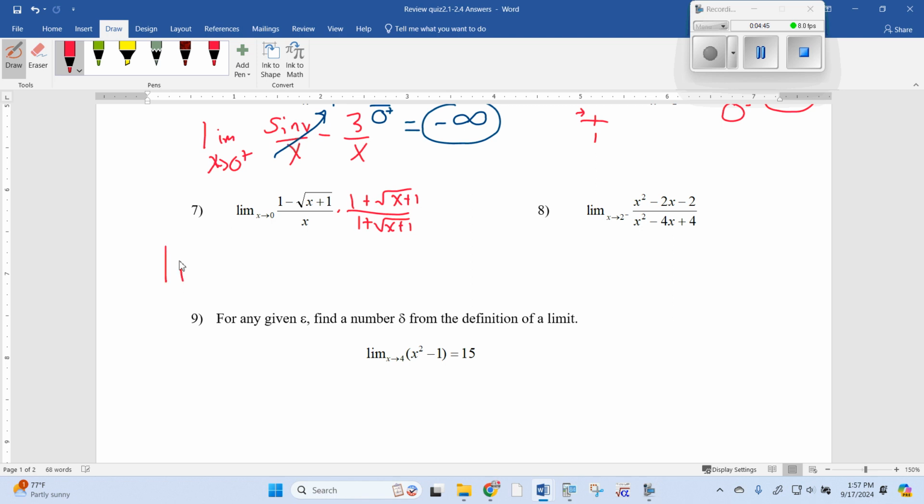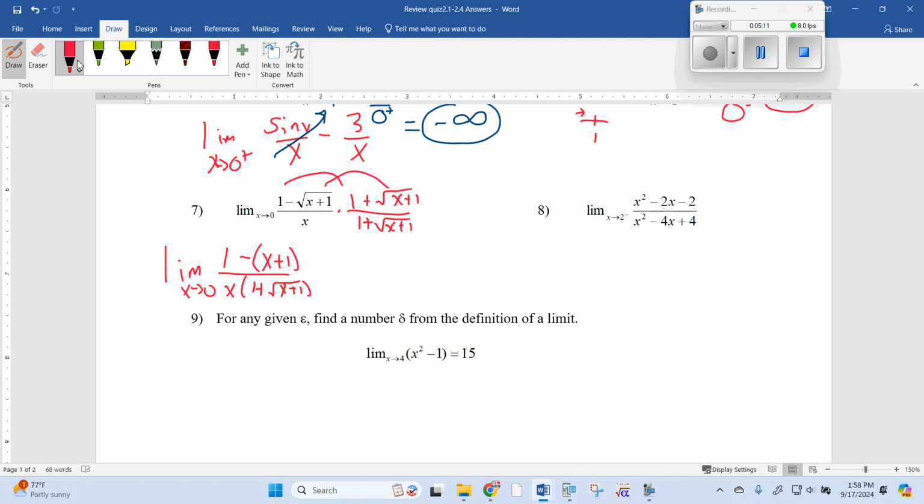In the numerator, I'm multiplying by the conjugates. So my first term, 1, minus my last term, the square root of x plus 1 times the square root of x plus 1, is just x plus 1. Remember, I don't need to FOIL my outside and inside terms because they will cancel.